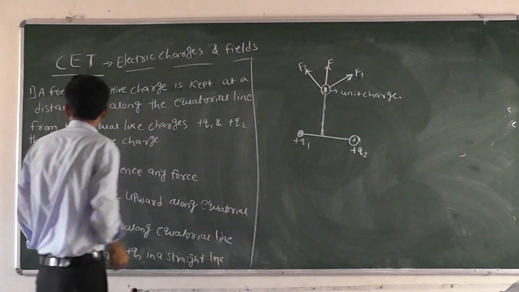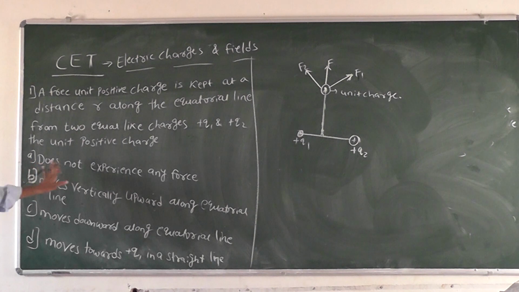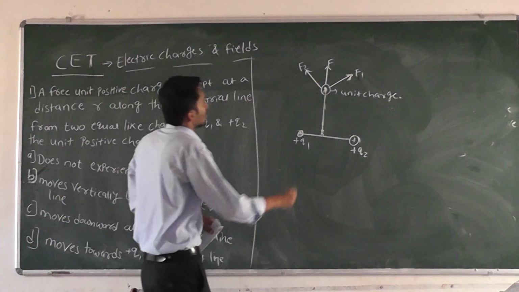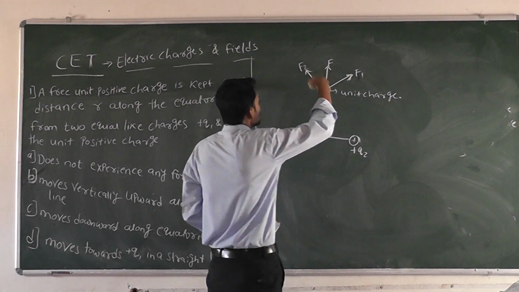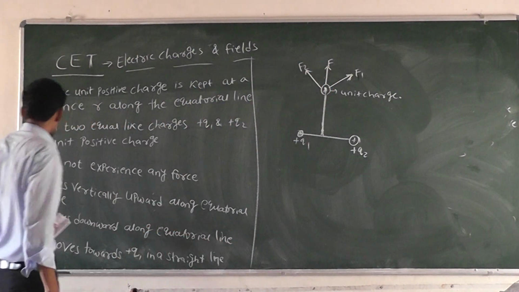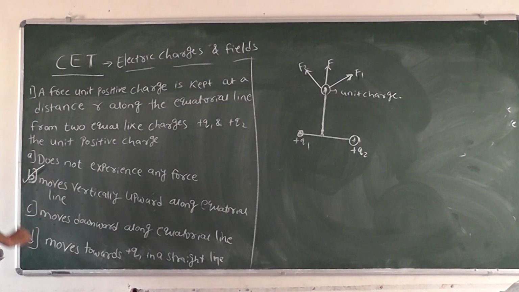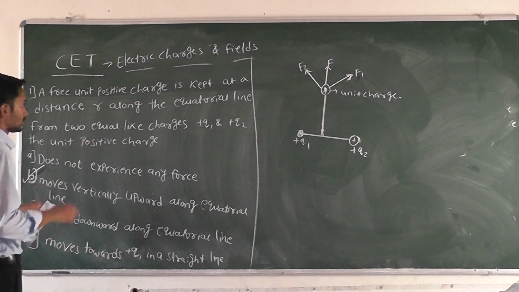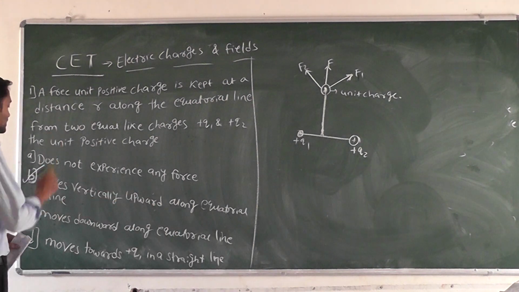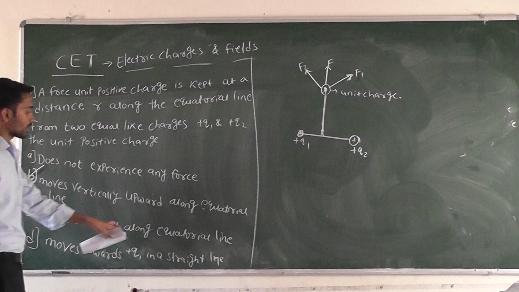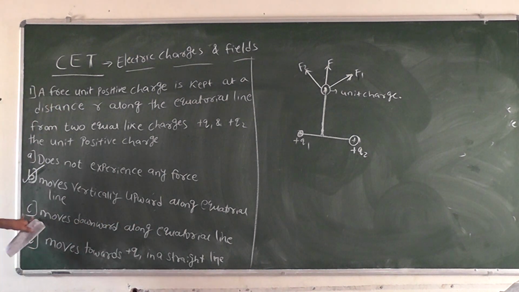According to these four options, option A, does not experience any force, is wrong. B, moves vertically upward along equatorial line. See this figure, the force is applying vertically upward on the equatorial line. So this answer is right. Moves downward along equatorial line, so option C is wrong.